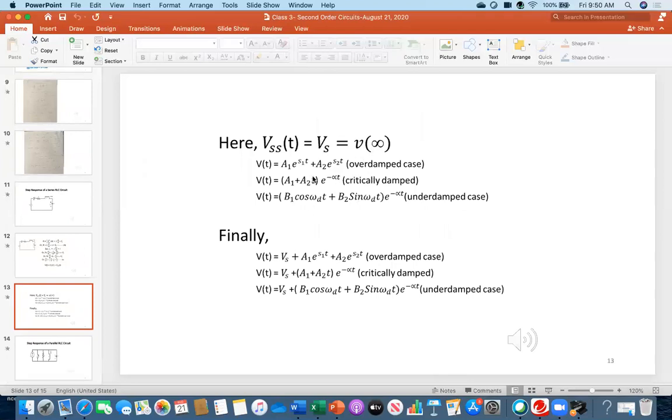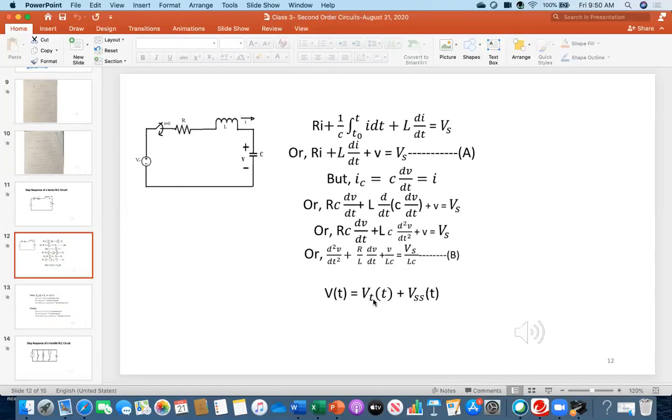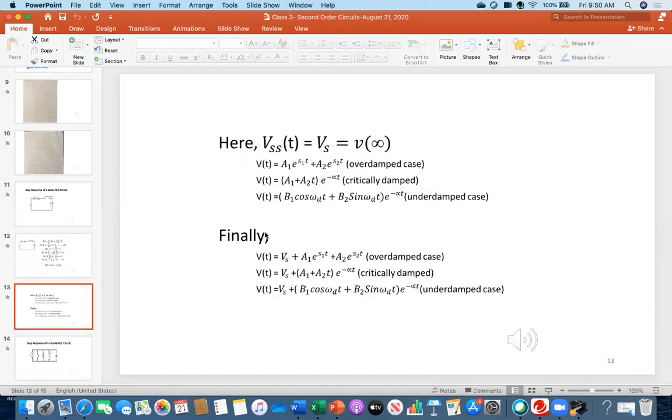And then the response for the first part, the transient part, is either of these three terms, overdamped, critically damped, or underdamped. Choose the equation based on the values of alpha and omega. So what will be the final solution? You just add the Vss part: Vss plus either of these.